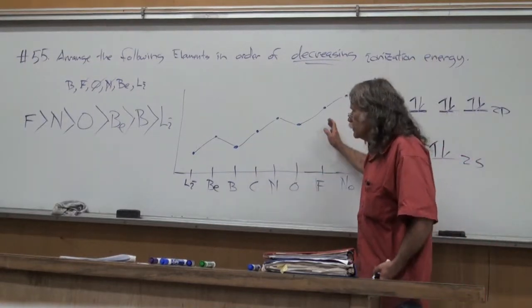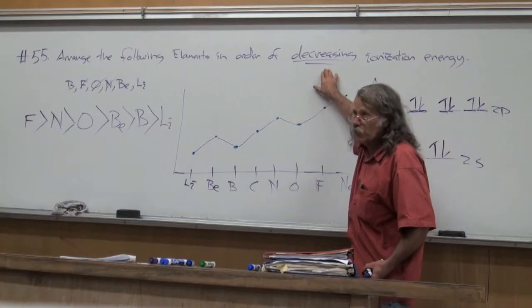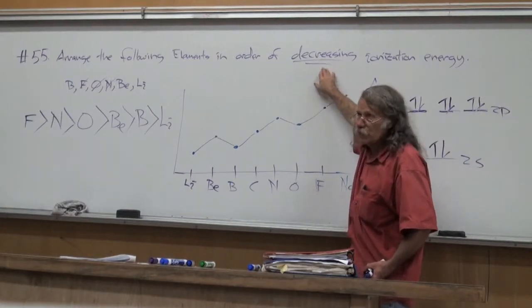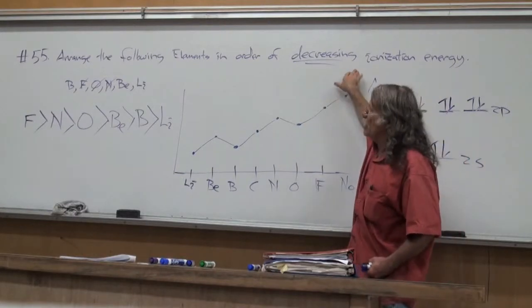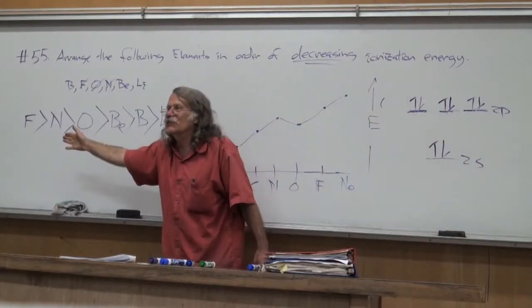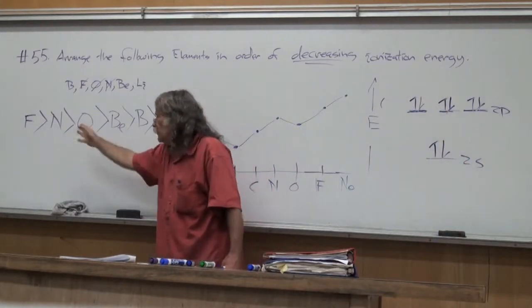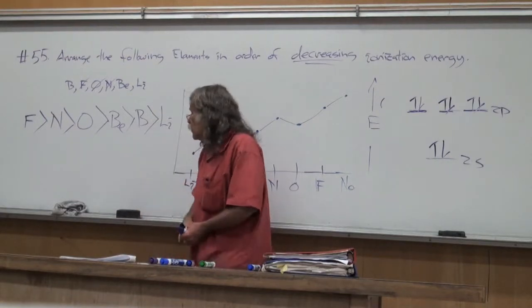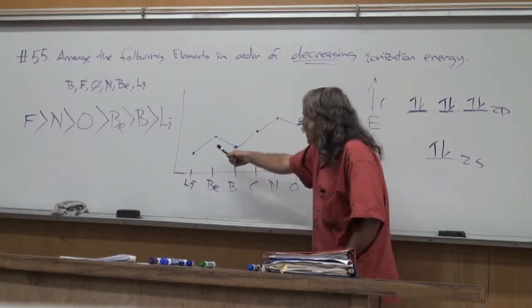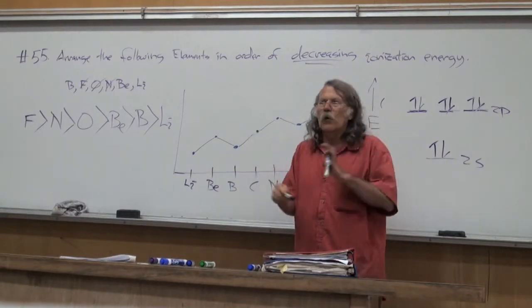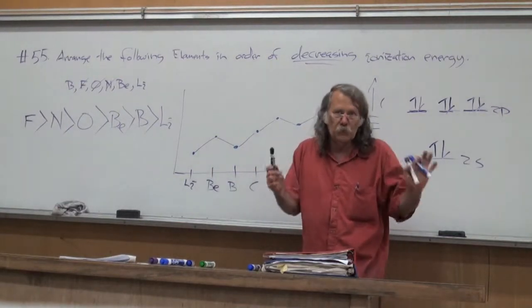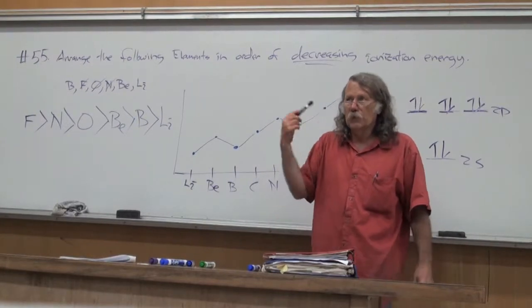If you can draw this, then you have to read the question carefully, and I underline the word decreasing ionization energy. I could write the same question, put increasing ionization energy. We just reverse this order. But the sequence would be preserved. In other words, if I gave the sequence going bang, bang, bang, bang, bang, it's not going to work. That's not what's observed, and I want you to be able to predict it.